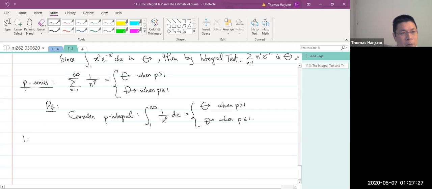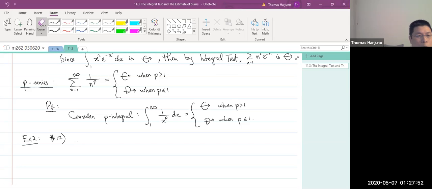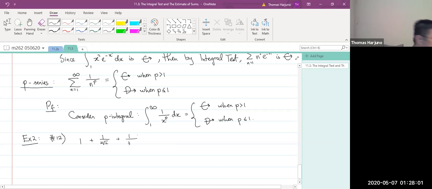Let's call this example 2, number 12. We have 1 plus 1 over 2 radical 2 plus 1 over 3 radical 3 plus 1 over 4 radical 4, 1 over 5 radical 5.